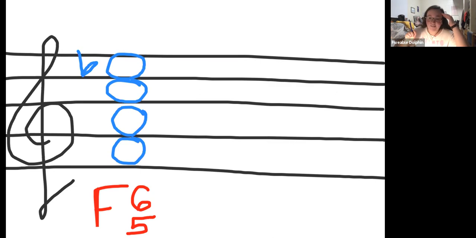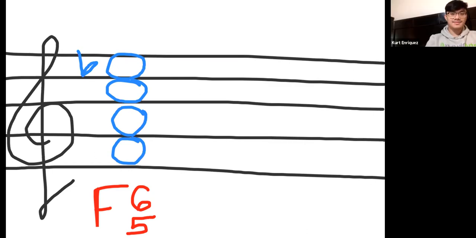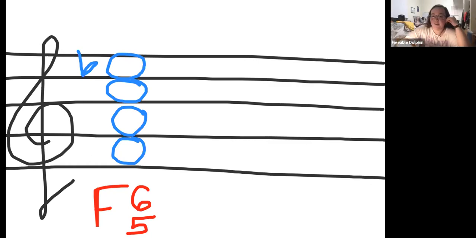But it's an inversion, right? Trick question. So what note am I moving? What notes am I moving maybe? You tell me. The first note goes up. I can't hear you guys.